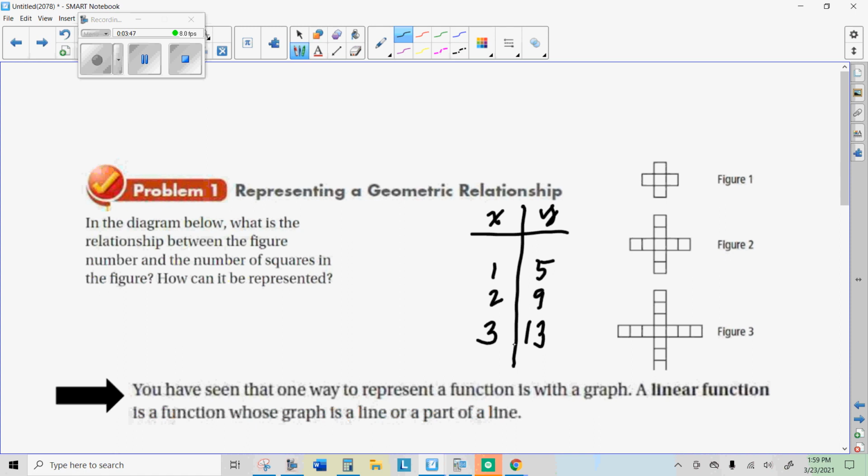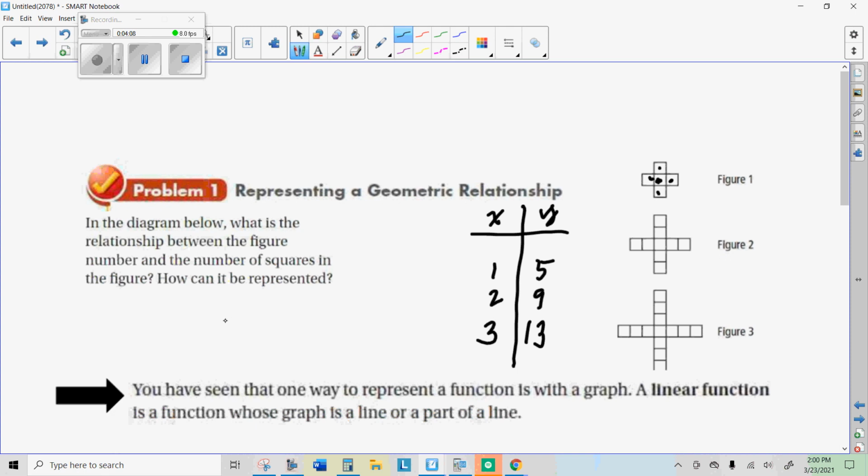13 tiles. Now, maybe you noticed something when you were doing that that can help you represent this. One thing that I noticed is that you actually start with 1 in the middle, and then 4 are added on each time.